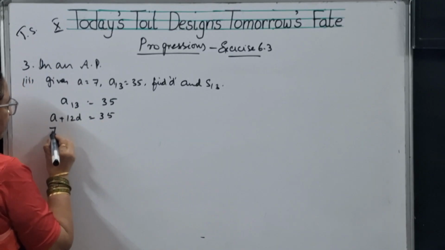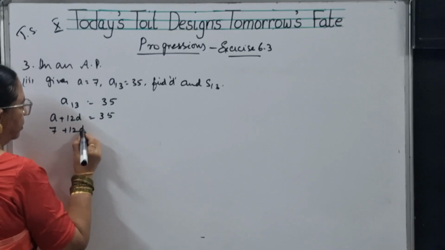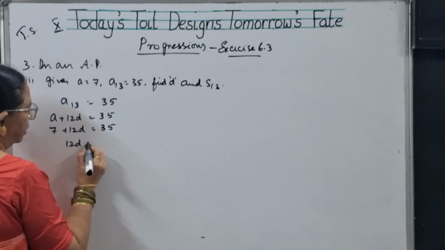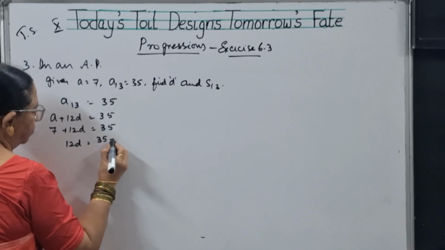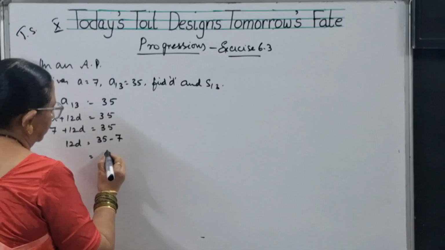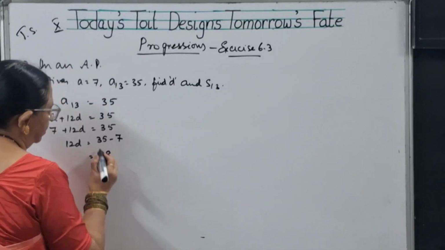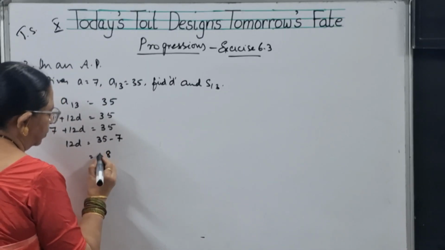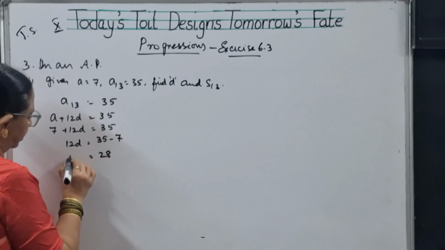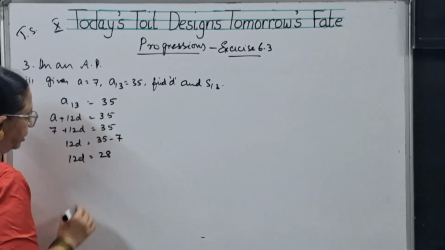In this, a is 7, plus 12d is equal to 35. So, what is 12d? 35 minus 7, that is 28. 12d is equal to 28 you will be getting.